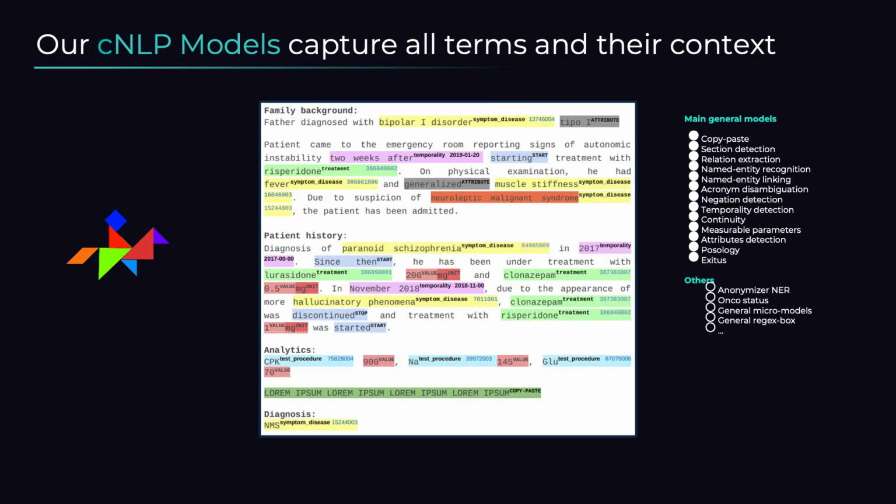But it is not that easy either, because you can say, okay, I want to look, for example, for a breast cancer patient. But it is not like just looking for breast cancer in an electronic health record. You need to recognize it. You need to understand, for example, that the patient has breast cancer and that it is not a family background, so you are not seeing information from the family background.